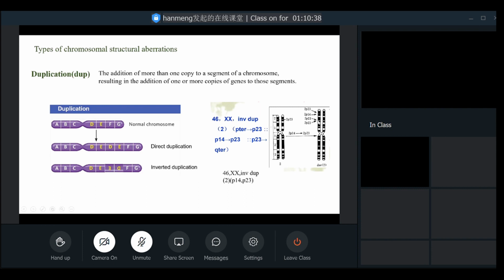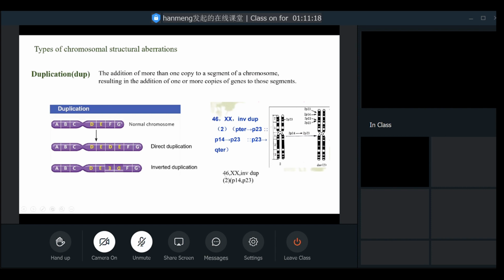Maybe from the centromere, here is the P14 and here is the P23. But the P14 is here and the P23 is here. So this direction is opposite to the original fragment. Then it is described as the inverted duplication.